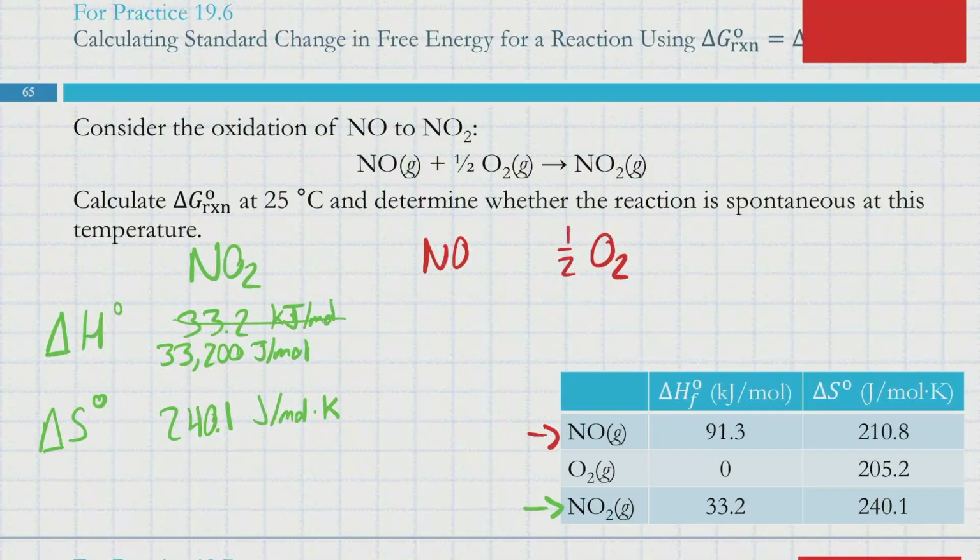We're going to convert that 91.3 kilojoules per mole into 91,300 joules per mole. For O2, our value is 0.